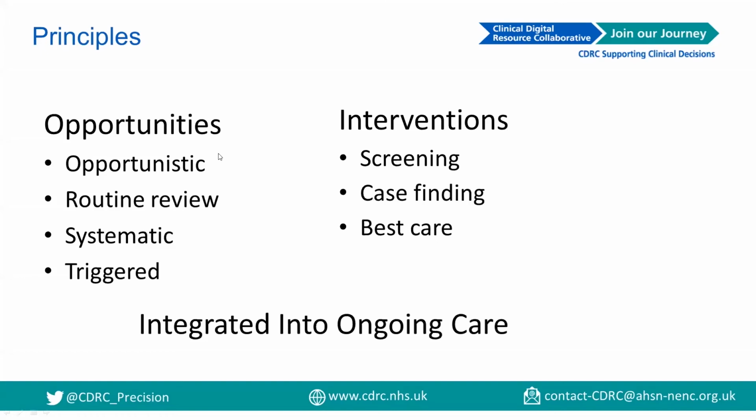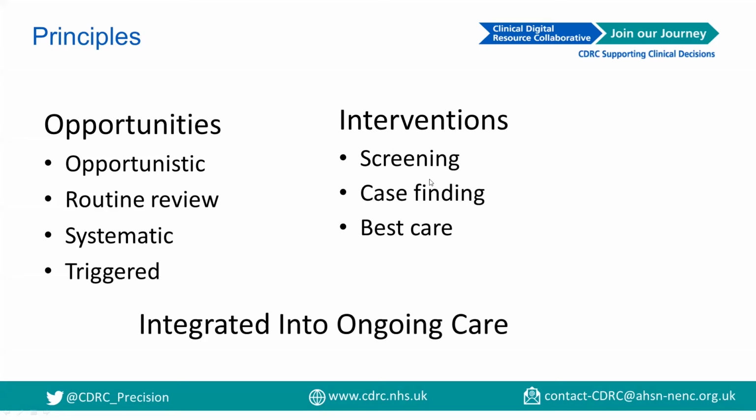So these are the principles that we use to build our resources in CDRC. We're looking at three basic interventions for any sort of problem. We have screening, that's finding people who you don't really have very much information about.